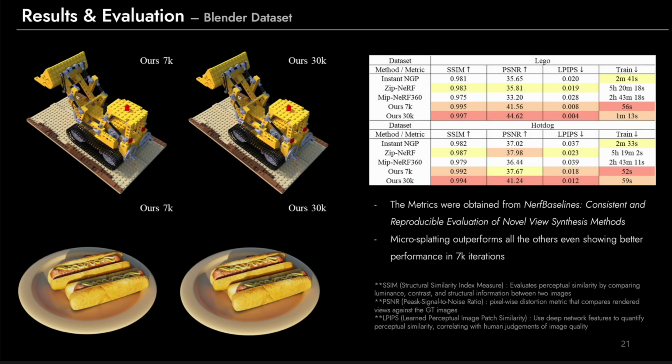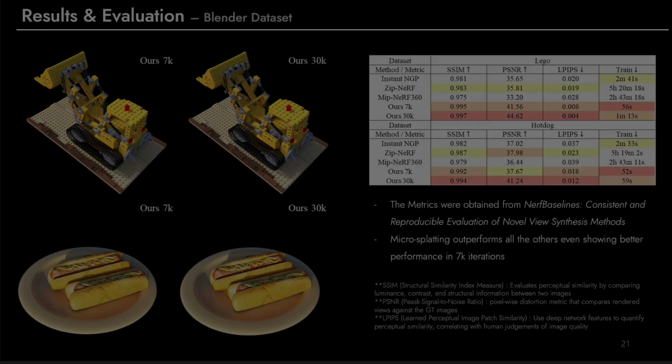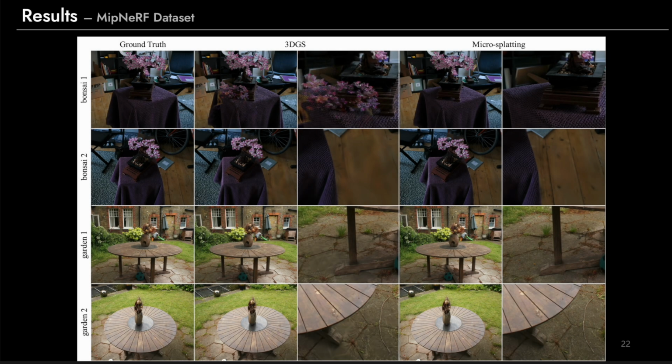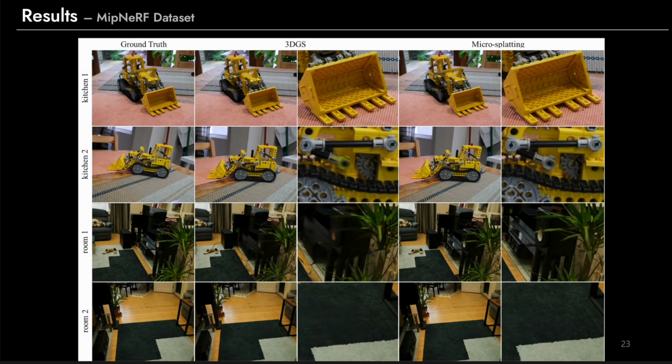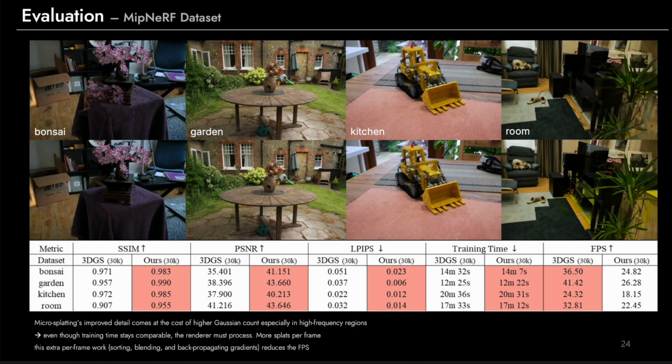Quantitative results show that micro-splatting outperforms baselines like NeRF and even 3D Gaussian splatting in the PSNR, SSIM, and LPIPS scores. Across various scenes, our method maintains sharper edges and textures, though it does introduce slightly more computational load. Micro-splatting improves detail in complex scenes, but this comes at the cost of increased splat count, especially in textured regions.